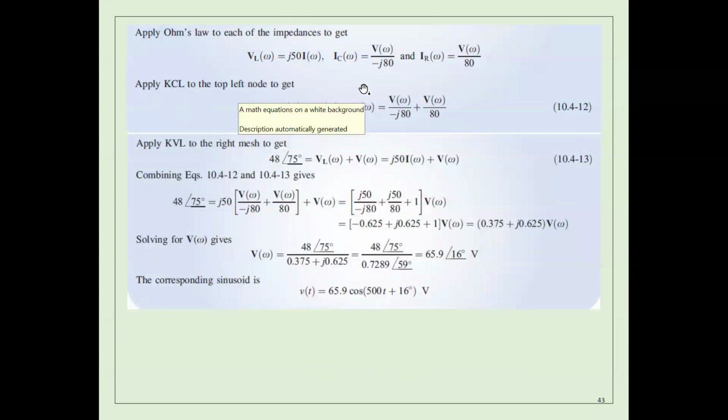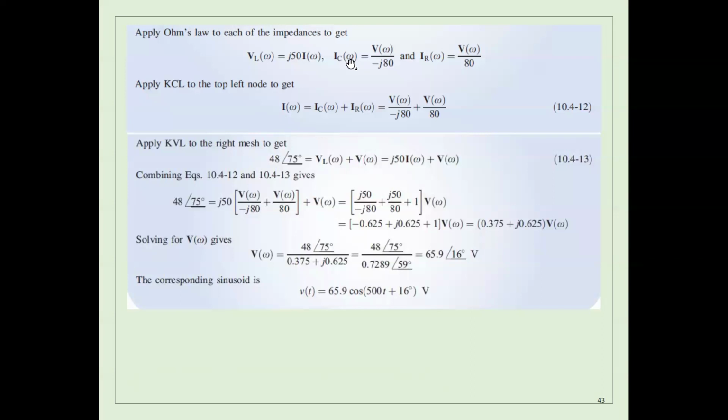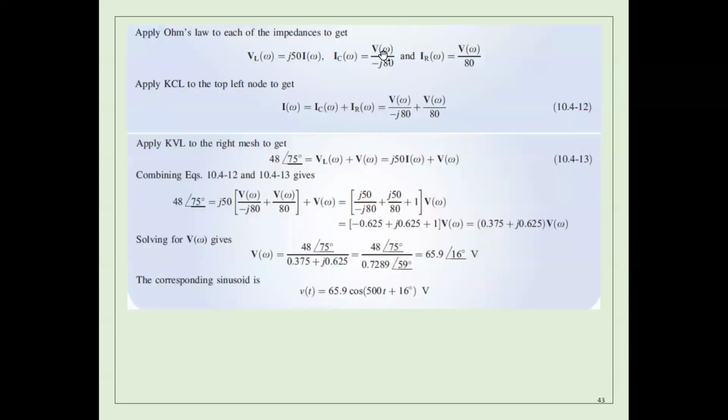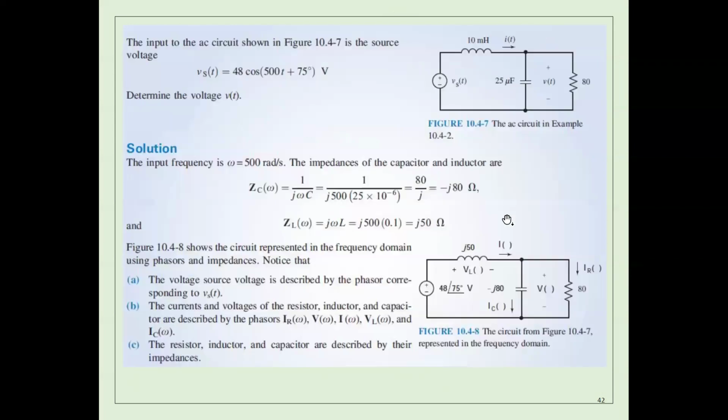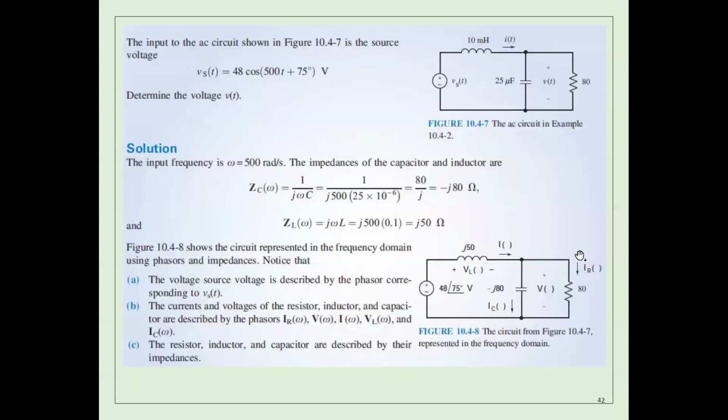And now the next one here is IC. IC should equal the voltage here divided by this impedance. V of W, which is the voltage at this point, that's what I need to find, divided by this impedance here. Same thing for the current here.